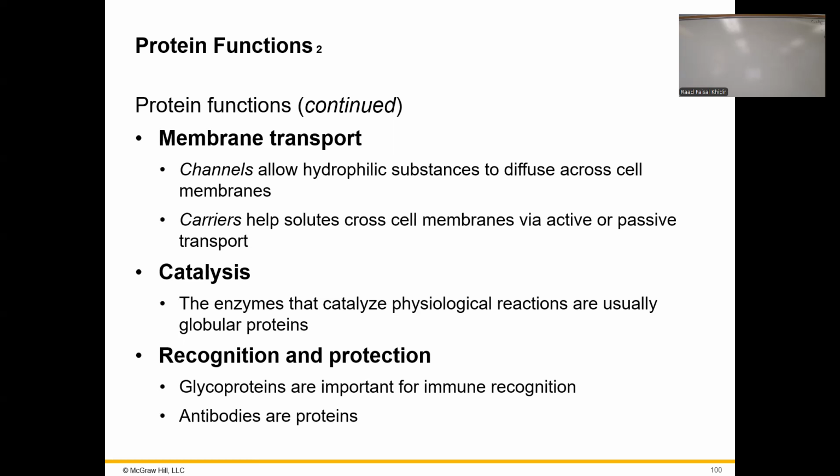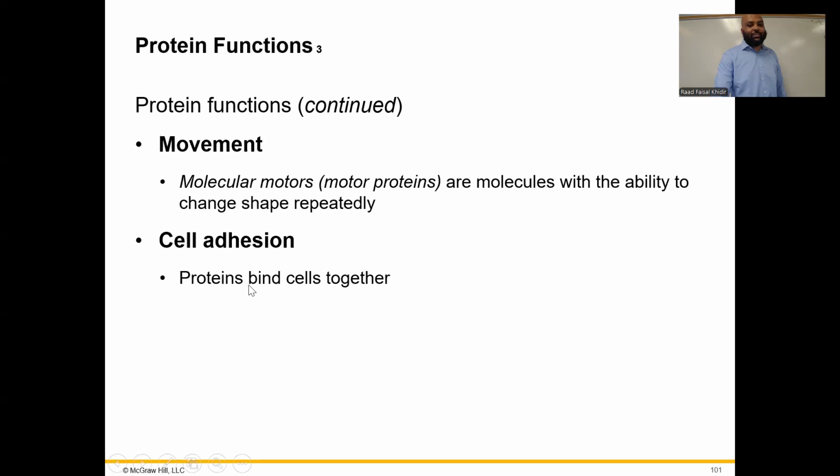Excellent. It lowers the activation energy that needs to be surmounted in order for the reaction to go to completion. They're also important for recognition and protection. So glycoproteins are important for immune recognition, antibodies, and proteins.